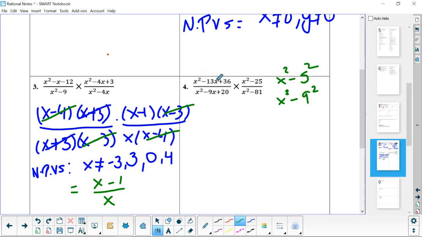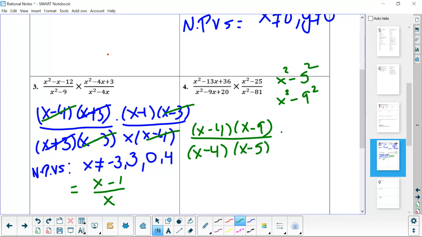So factors of x squared minus 13x plus 36 are x minus 4 into x minus 9, divided by factors of x squared minus 9x plus 20, which are x minus 4 into x minus 5, into, so x squared minus 25 is difference of squares, and we can write it as x minus 5 into x plus 5.